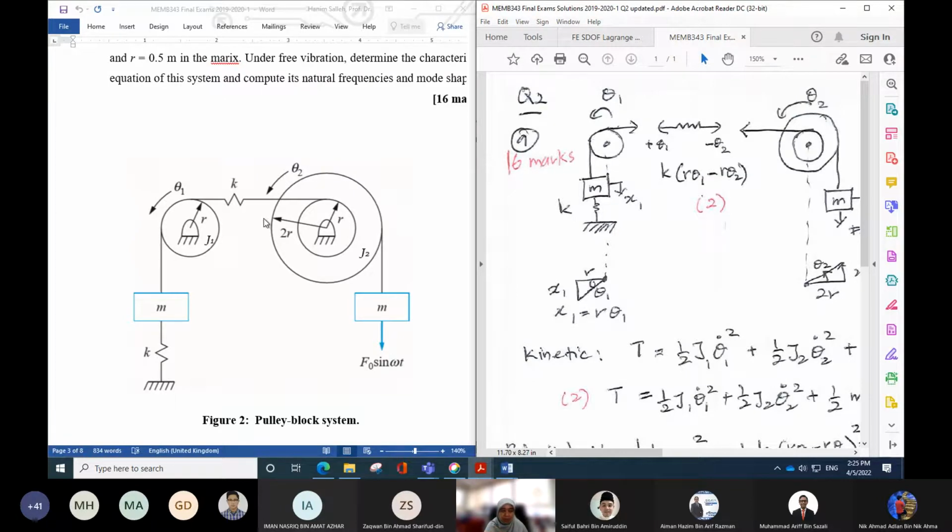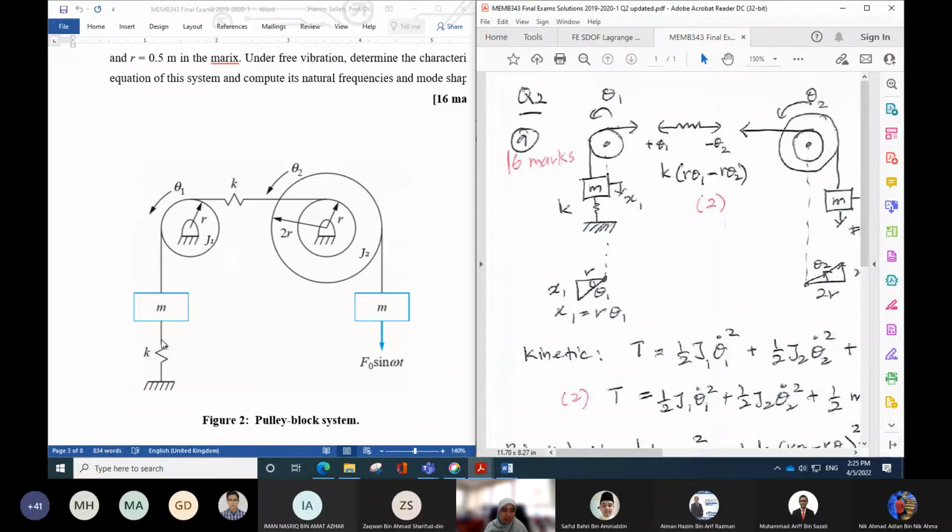So you can see, okay, how do you start a problem and think whether that particular element needs to have relative displacement or not? You always take a look at the K or the damper, whether it is in between two positions. So the one that has two positions is basically your K here. The one that's fixed is easy because it's basically Kx minus 0. So you don't have to think.